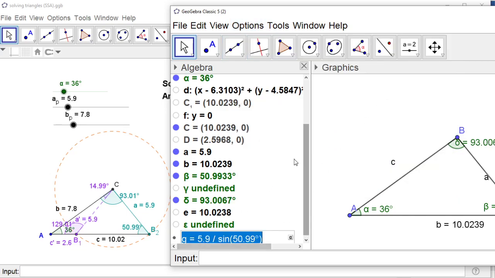Now, exact same thing, except instead of 50.99 on the bottom, let's put 129.01. I should keep them separate so we can actually show this.